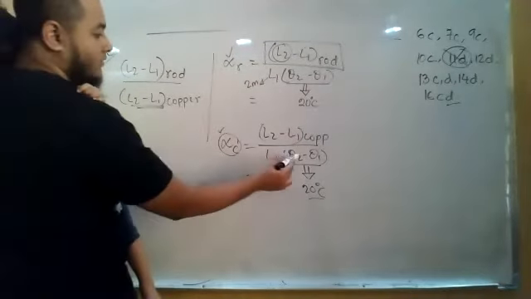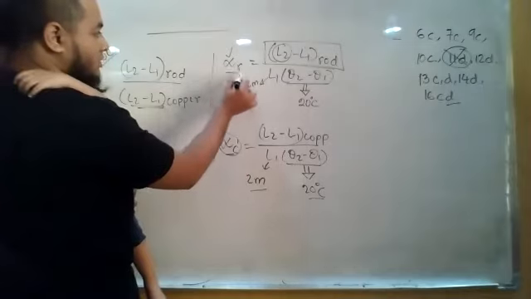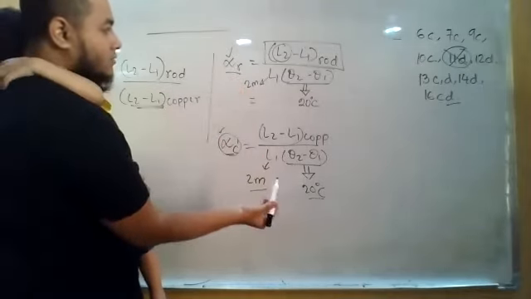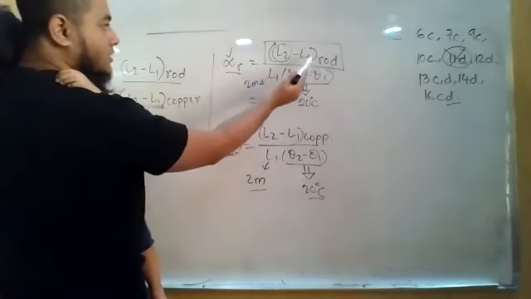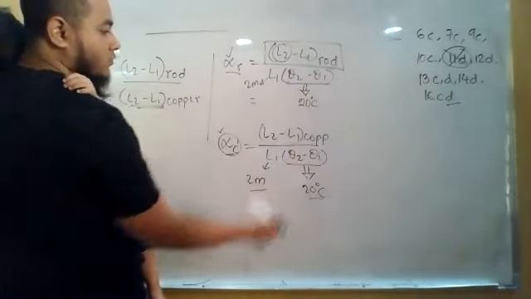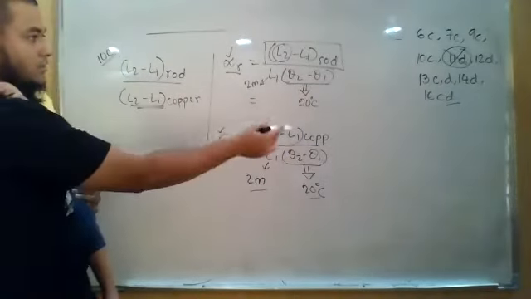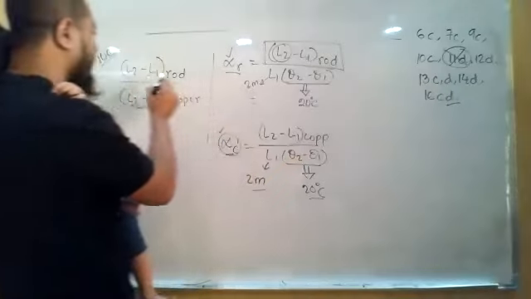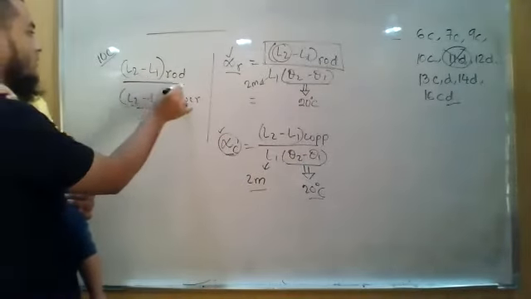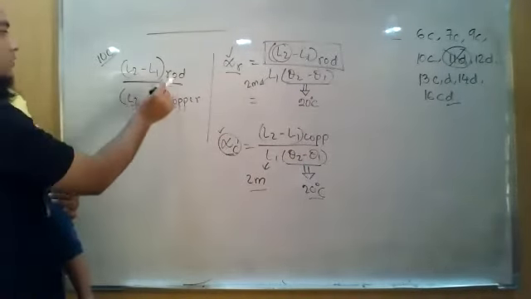So as all the values are same, only alpha value is changing, so definitely you will end up getting different value for L2 minus L1 rod and L2 minus L1 for copper, okay? So here you will see that you will get different value for L2 minus L1 for rod and copper, okay?